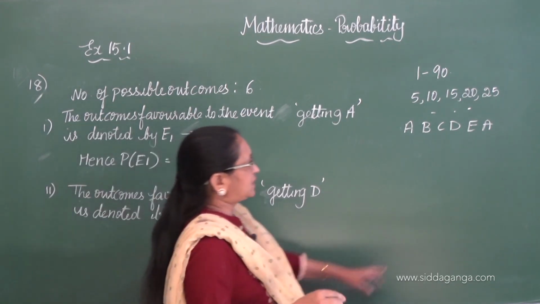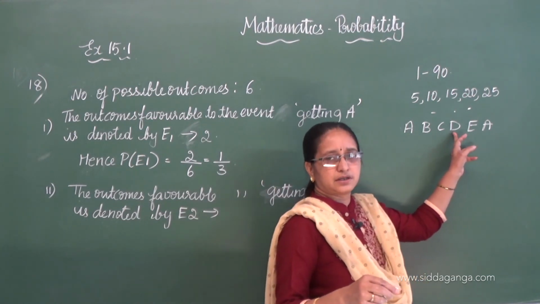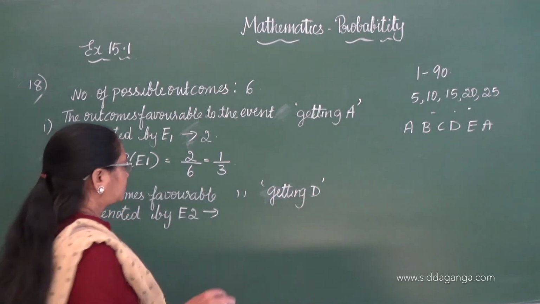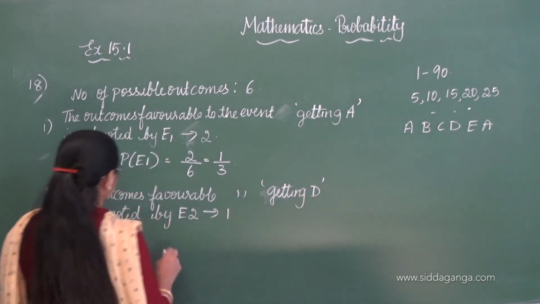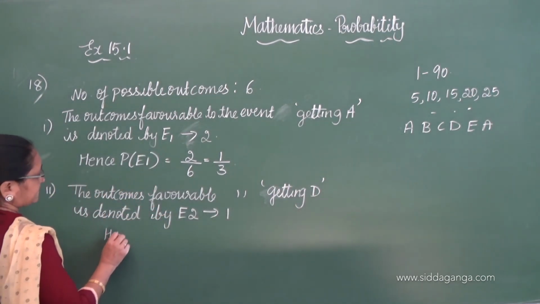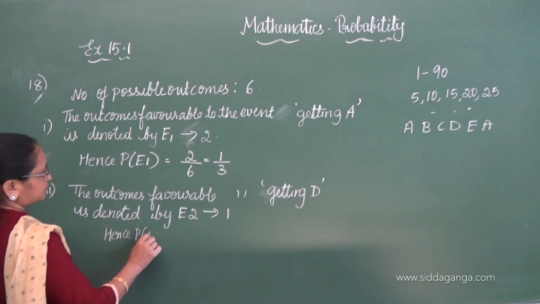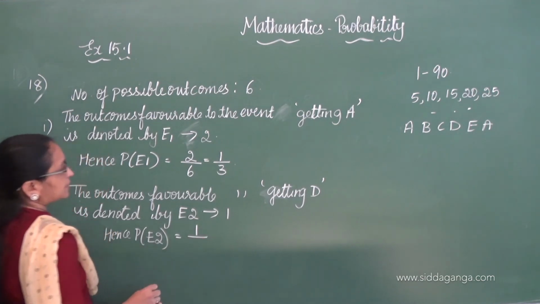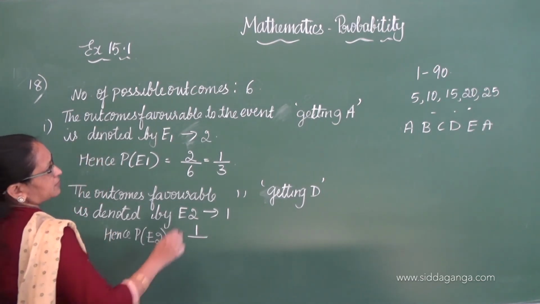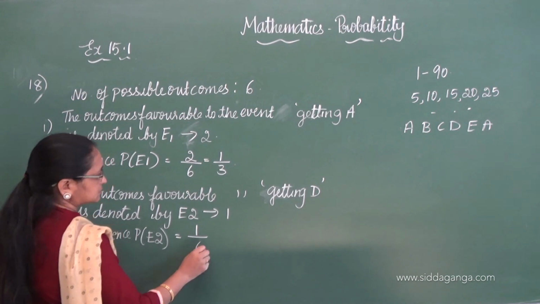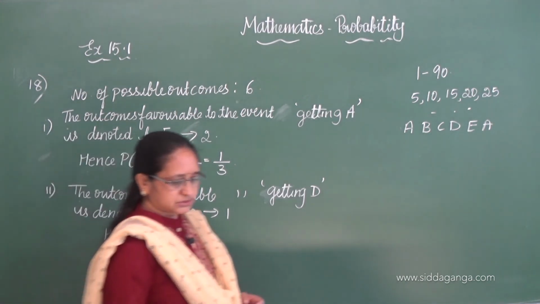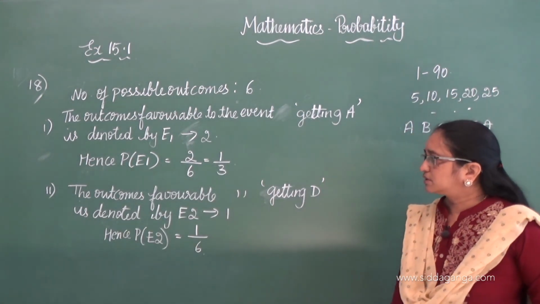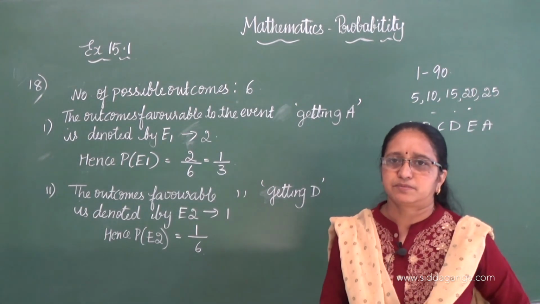Getting D, only one face we have, one alphabet, that is D is only once. So, 1. Hence, P of E2 will be 1 by, so how many total outcomes? 6. 1 by 6. So, this is the answer: 1 by 3 and 1 by 6. I hope this is a very easy problem.